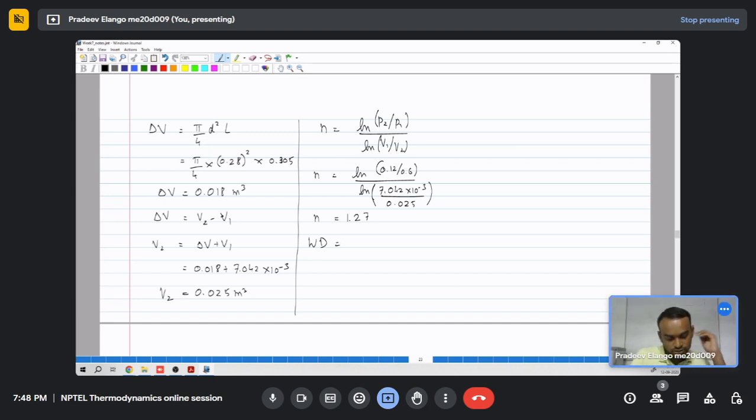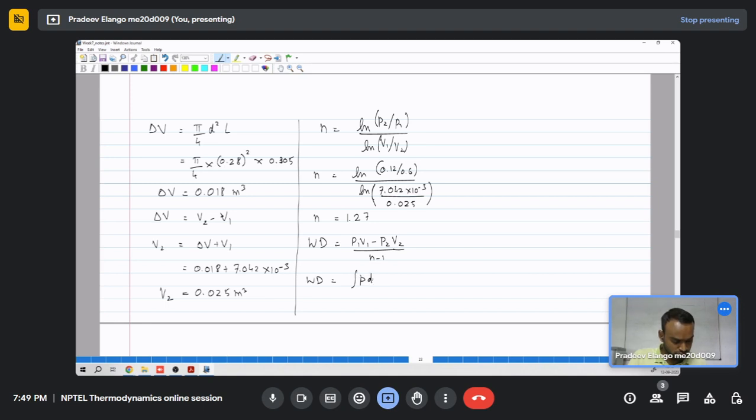And what is it? It is (P1 V1 minus P2 V2) by (n minus 1). If you don't remember it every time, you can also quickly derive it.